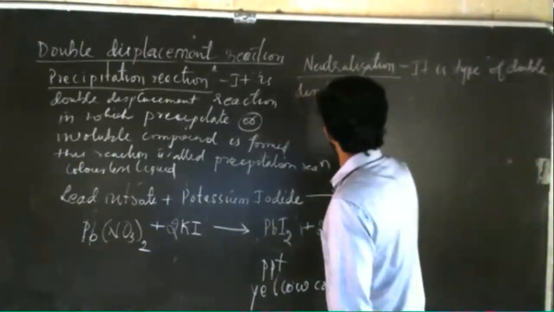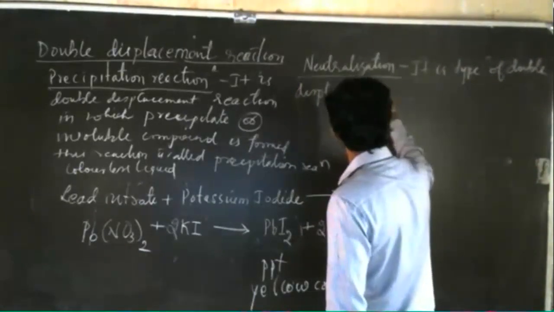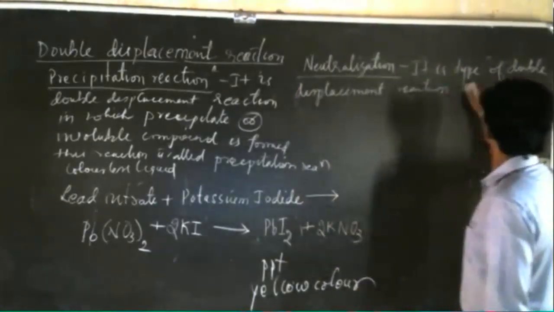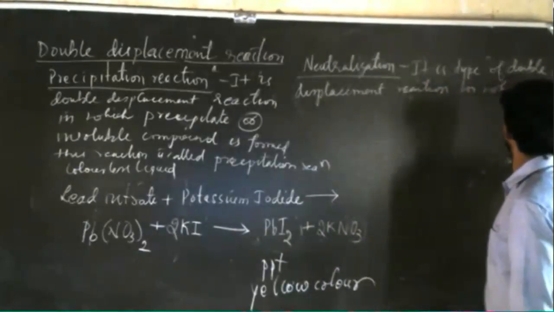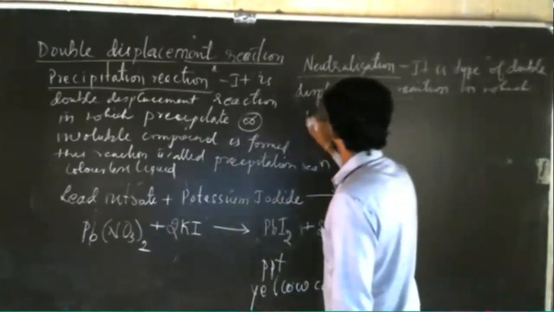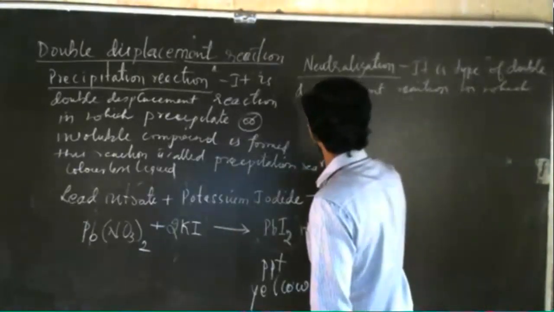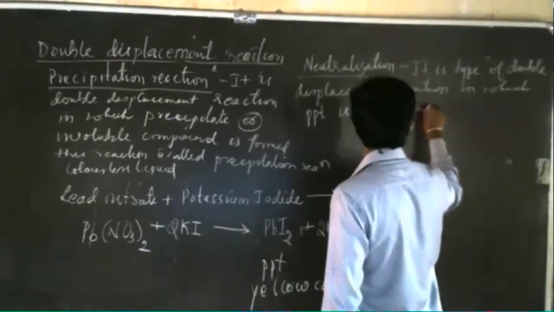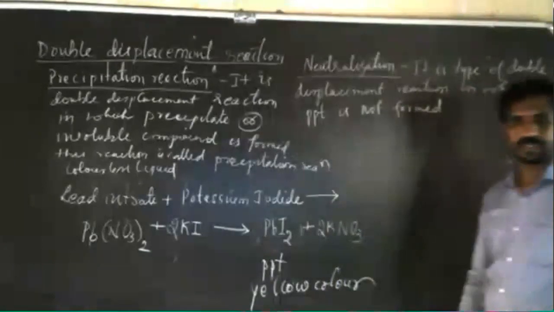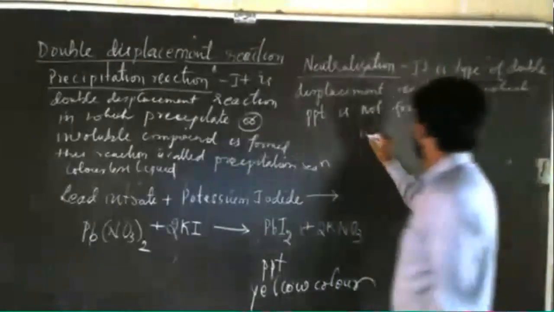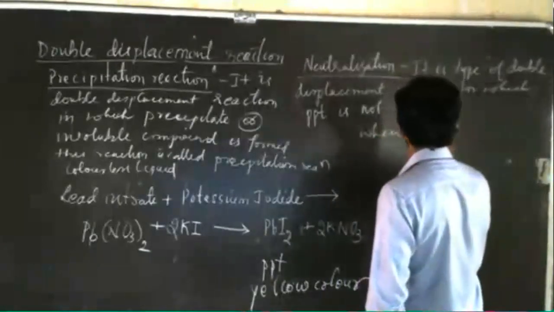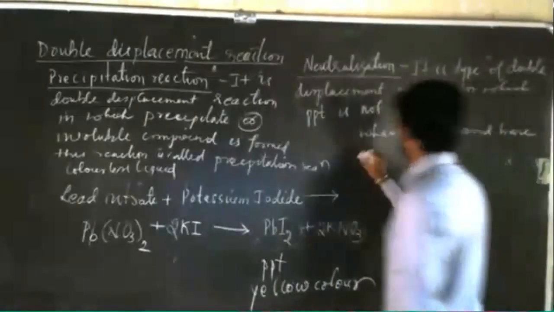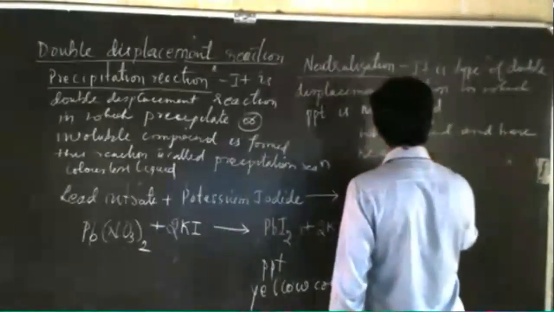Neutralization reaction is a type of double displacement reaction in which precipitation is not formed.